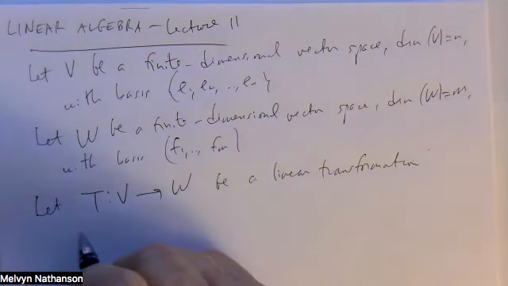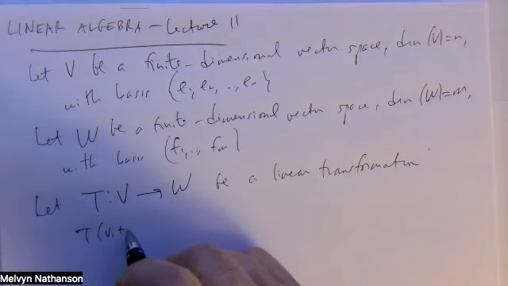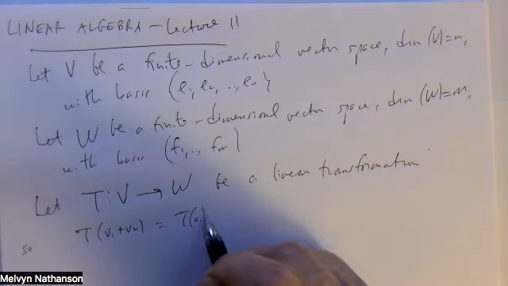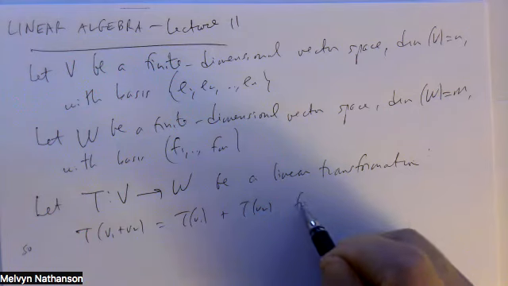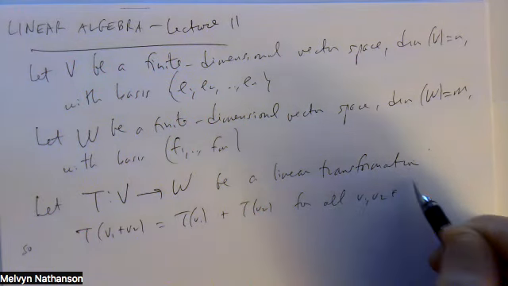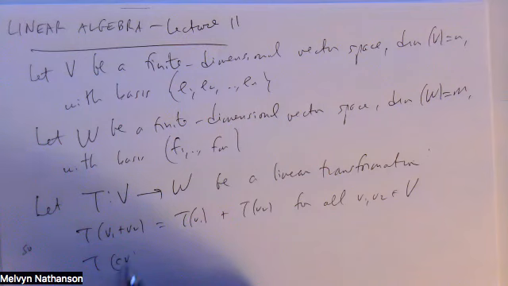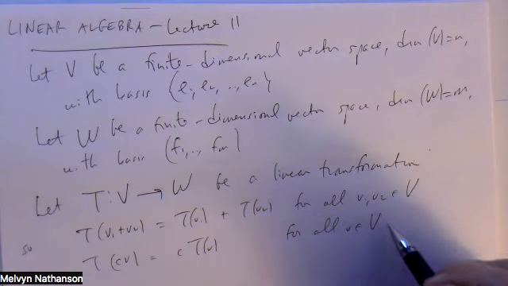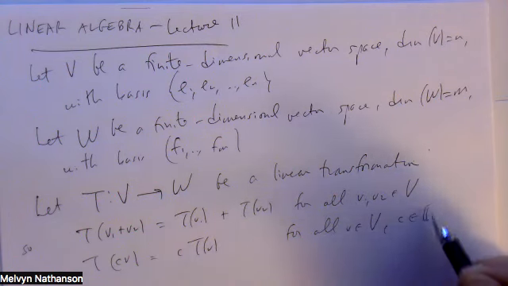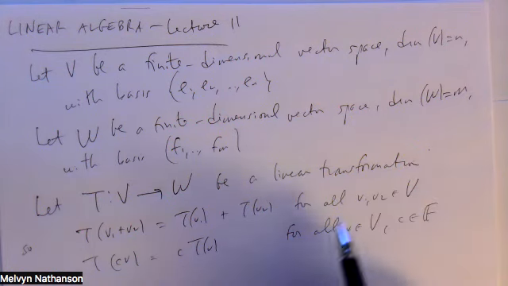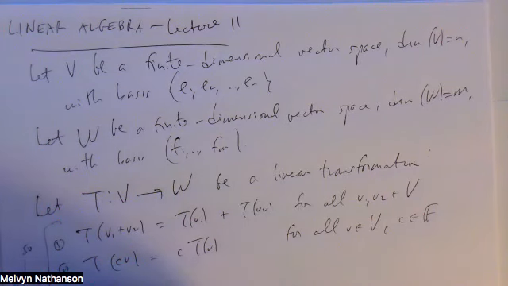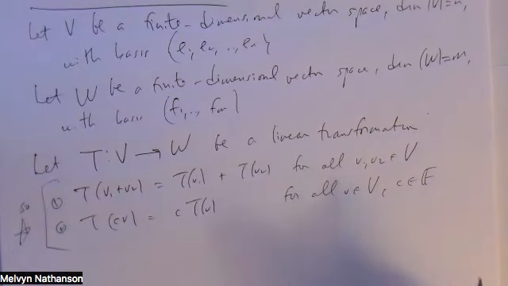That means it has the property that T of V1 plus V2 is T of V1 plus T of V2 for all vectors V1, V2 in V, and T of C times V is C T of V for all vectors V in V, and C in the field F. C is a scalar. So a linear transformation from one vector space to another is a function that satisfies these two fundamental properties. These are very, very important.